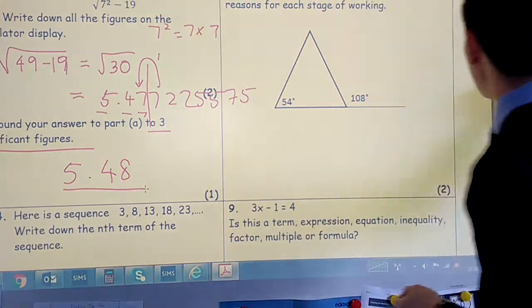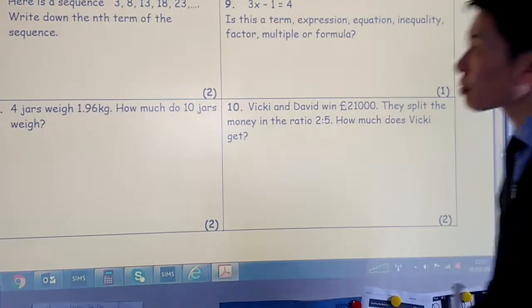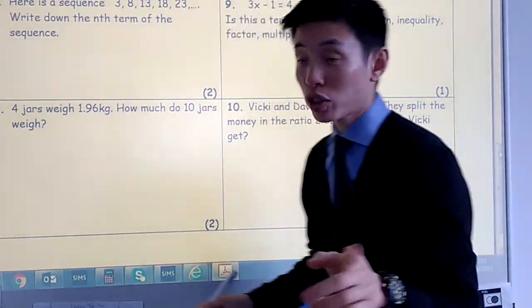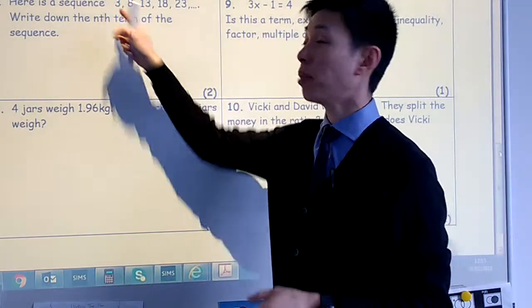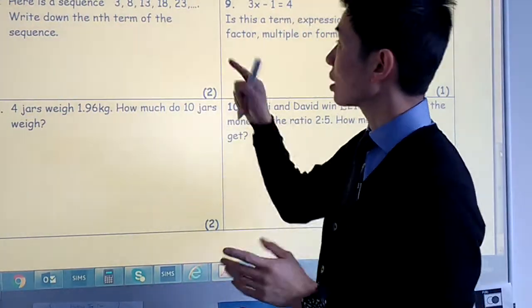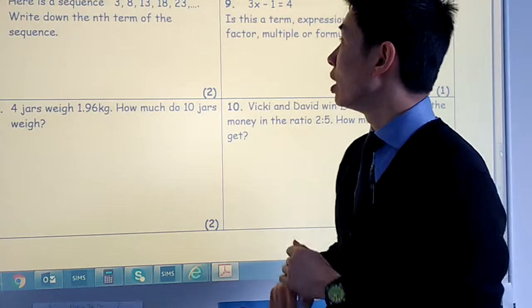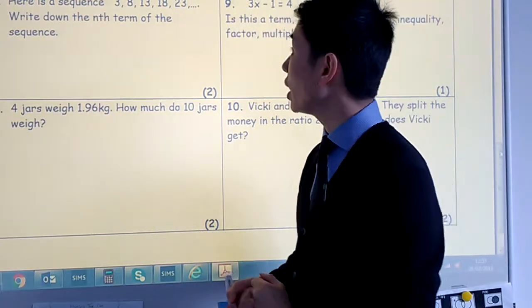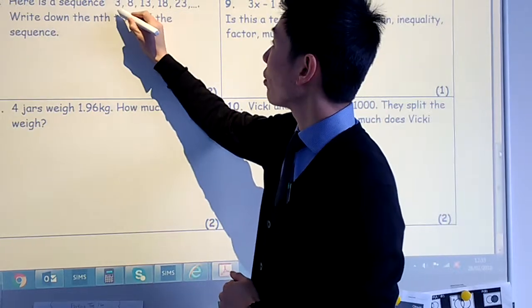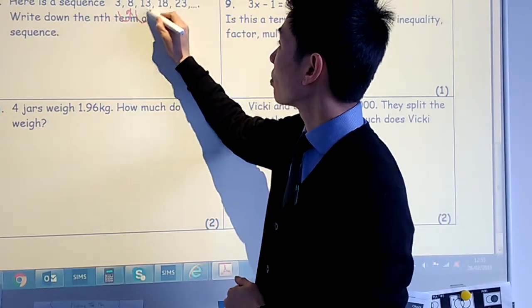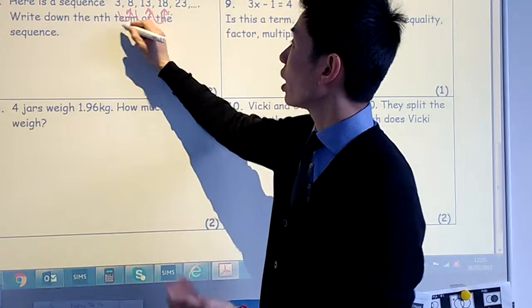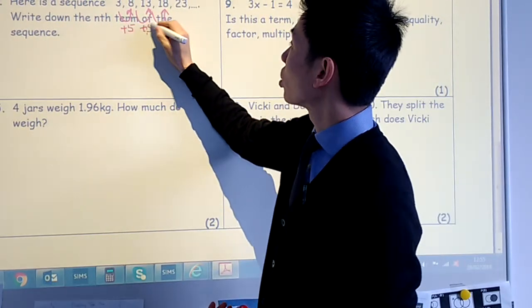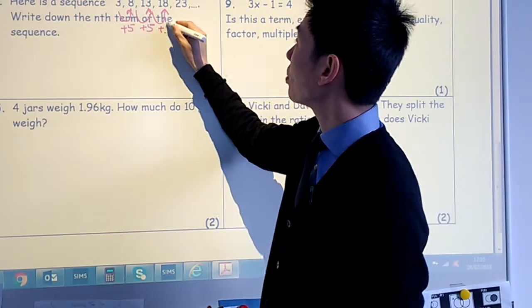Okay, number 4. I do apologize that on test 1 that number was incorrect, but this time round it should be okay. So to find the nth term of a sequence, we did this in term 3, is to first work out what it is going up in. Okay, it's going up in 5, so which means it's in the 5 times table.